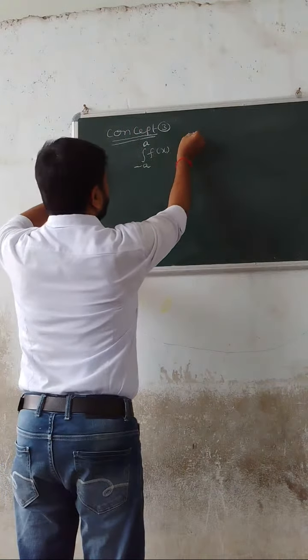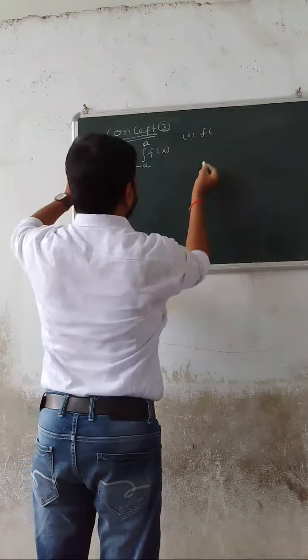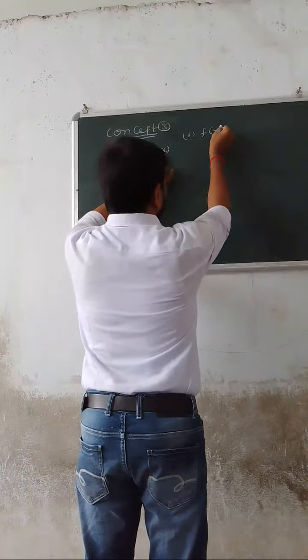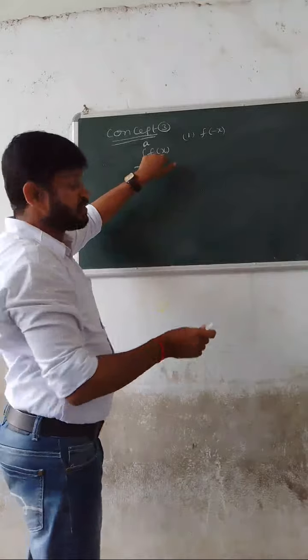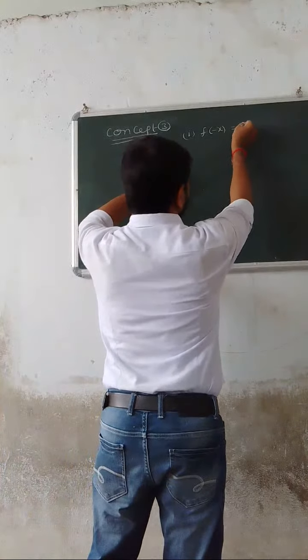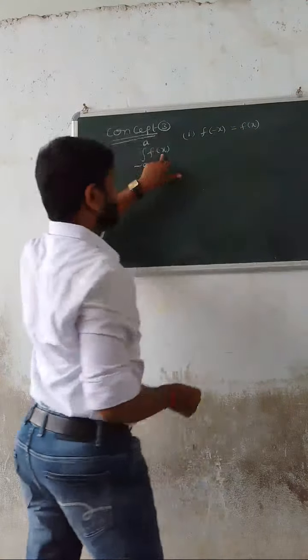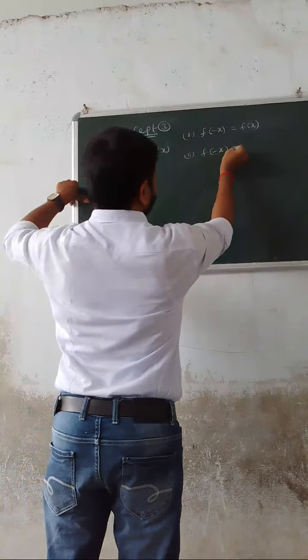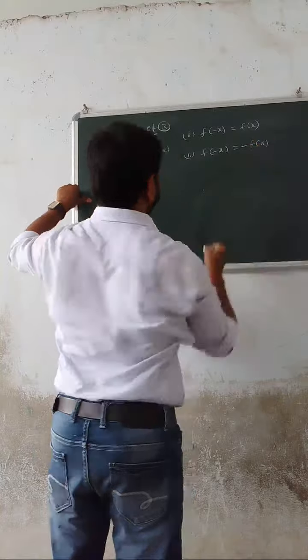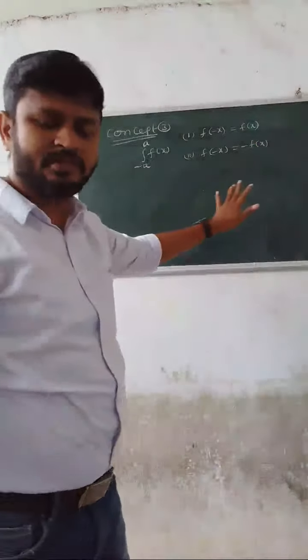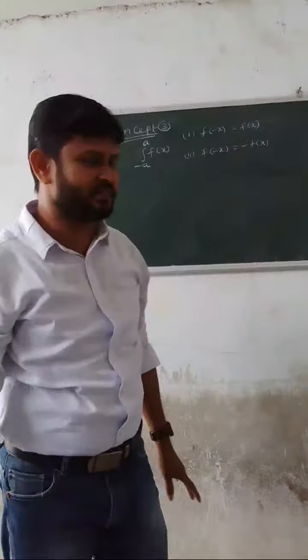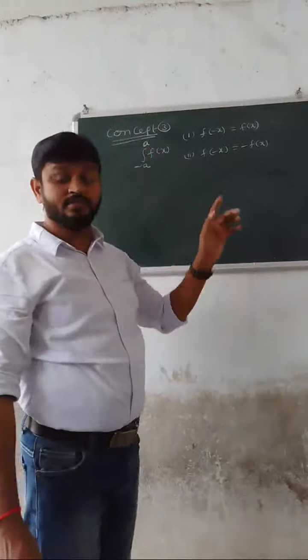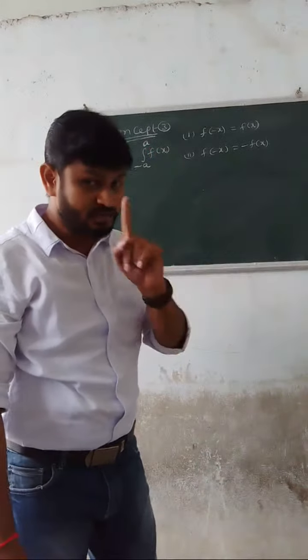Case number 1: put minus x in the x place. f of minus x is equal to f of x, or we ask the next question: f of minus x is equal to minus f of x. If negative to positive limits are there, please keep this very important point in mind.